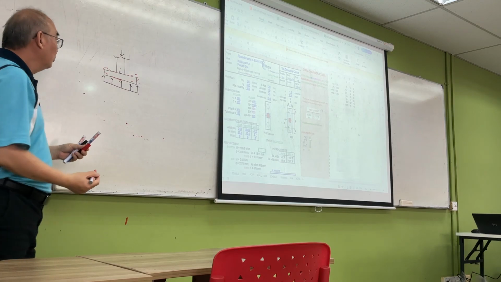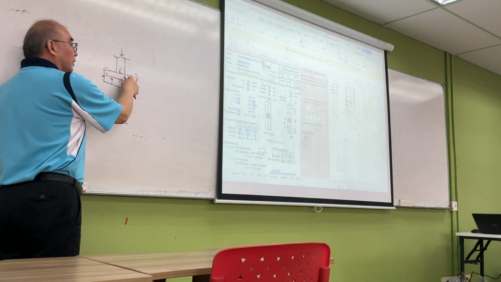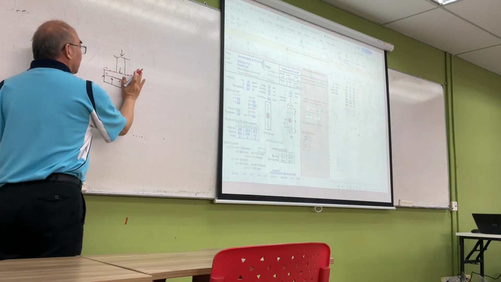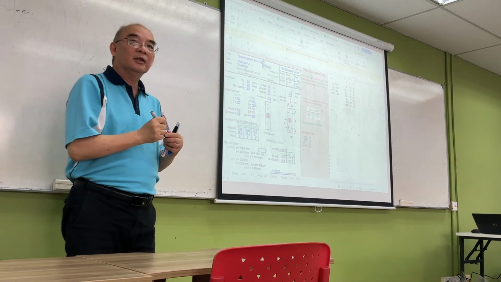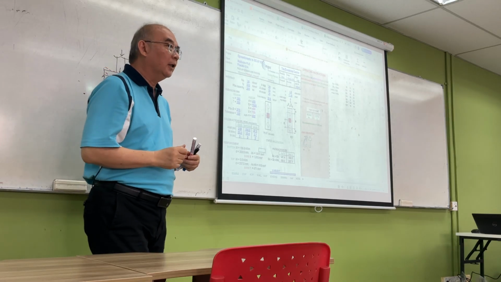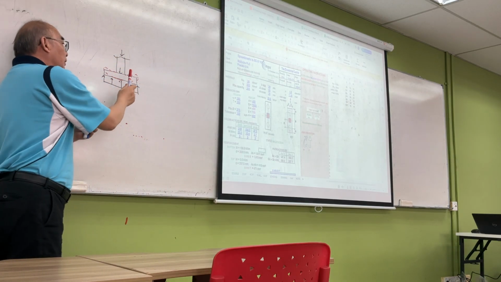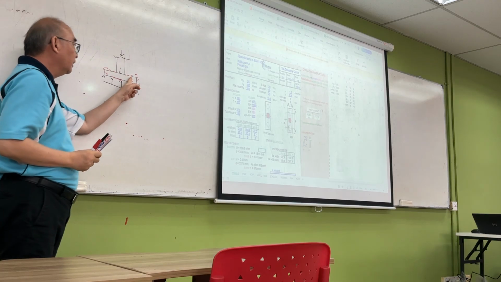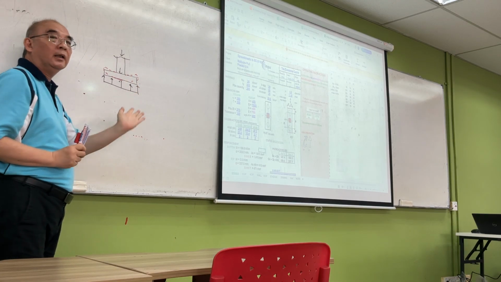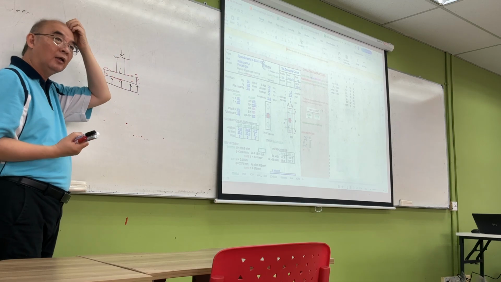Okay? So this is a cantilever section, these are cantilever sections, and these cantilever sections have a uniform load, right? Okay. So that means you design this as a cantilever slab subjected to a uniform loading acting upwards. Okay, that's how you design, right?